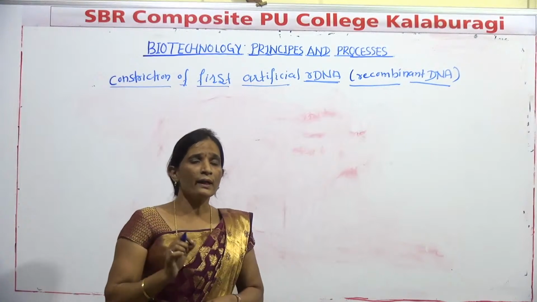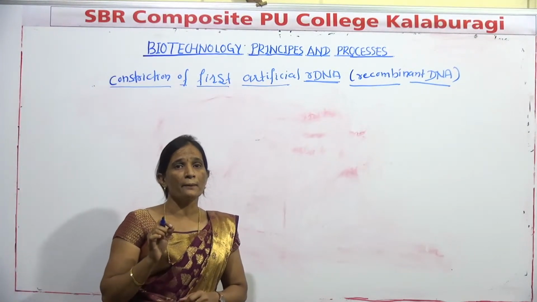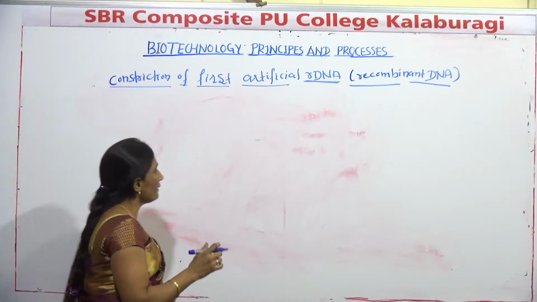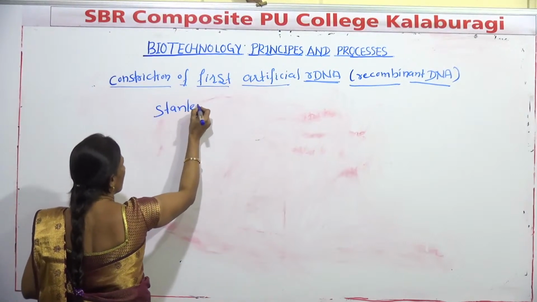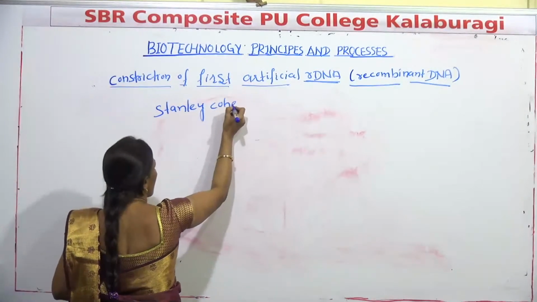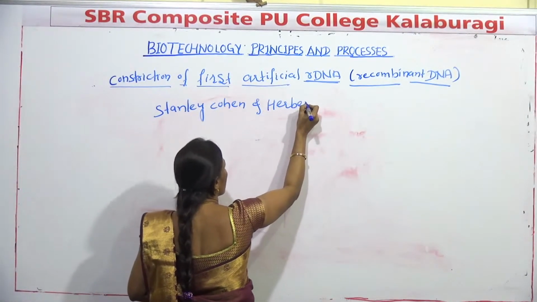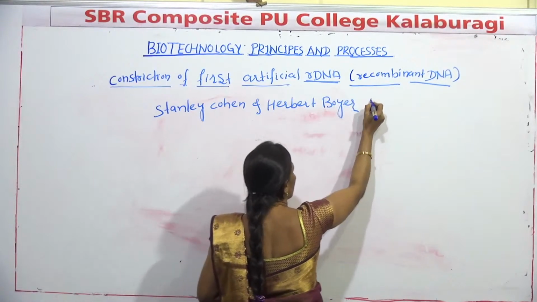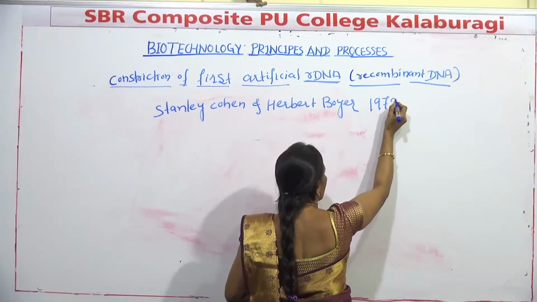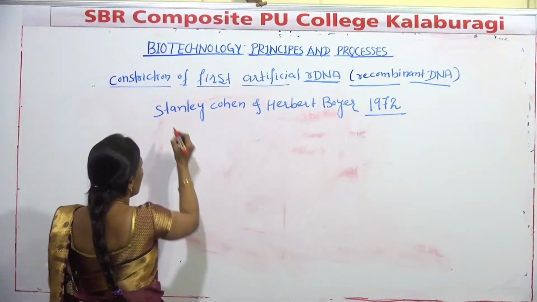The first recombinant DNA was constructed by the scientists Stanley Cohen and Herbert Boyer in the year 1972. Is it clear?